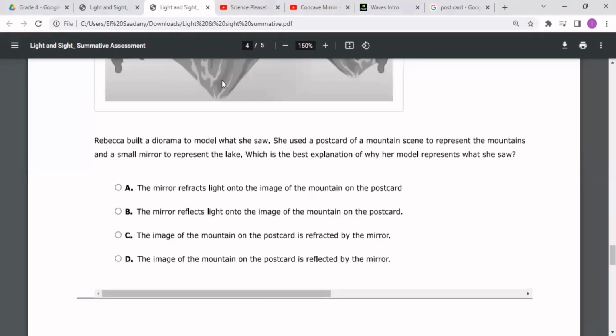She built a model. And what did she use in this model? She got herself a mirror. The mirror represents the lake, and she got herself a postcard, a small drawing, like a postcard, that has the picture of the mountain. So for example here, this is the mountain here.